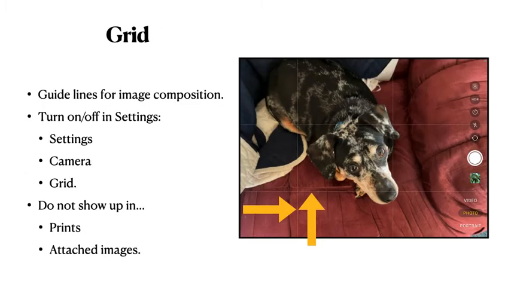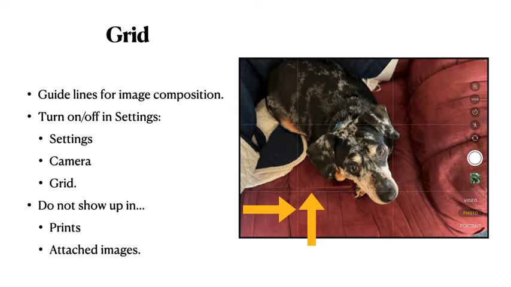Now, something I like to have on is my grid. You can just barely see the lines that divide the photograph into 9 sections. It's kind of like a tic-tac-toe grid. What this does is help me compose a picture.